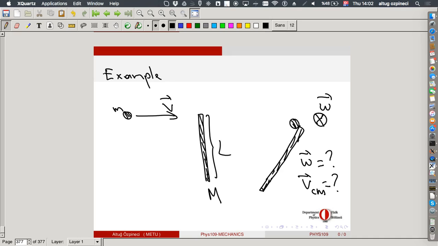Just imagine that this is an air table, there is no friction whatsoever. There is one rod lying over there on the frictionless surface at rest. And then you send your puck at 90 degrees to this rod, and then they stick together.